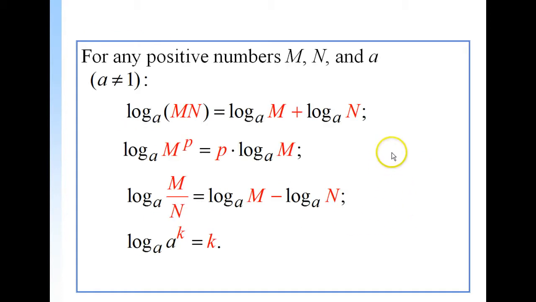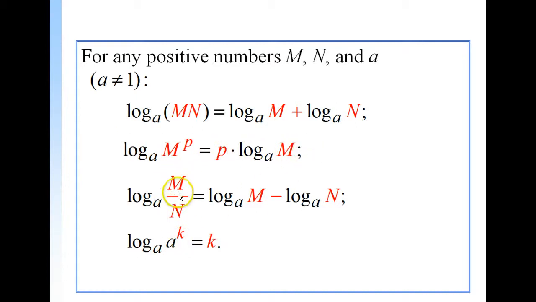Okay, so here's like a little summation that if you want to put them in your notes, when you have this, this is the product. We just put a plus between them and write it. Here, if this is raised to a power, we just put the p in front of the log out there. They're showing it here.